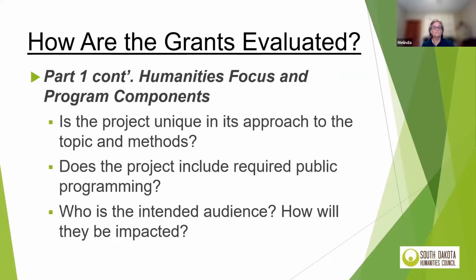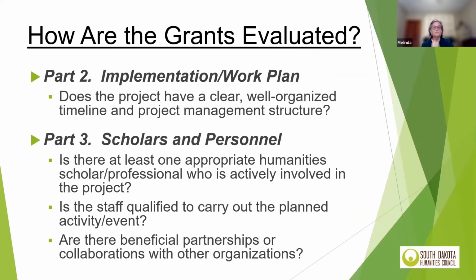Part 1 also asks, how unique is the project? Does it include the required public programming? Who is the intended audience, and how will they be impacted? Part 2 focuses on the work plan and how it will be implemented.